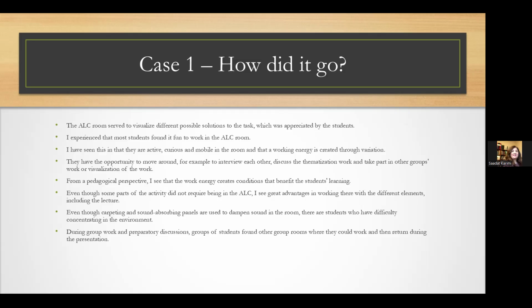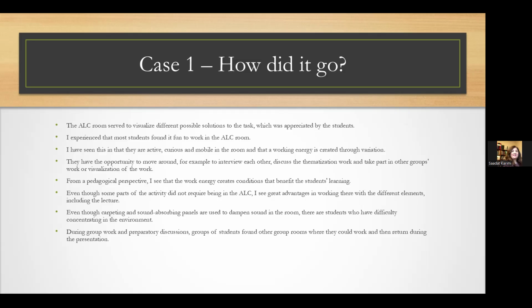Even so, some parts of the activity did not require being in the ALC. I see great advantages in working there with the different elements, including the lecture. Even so, carpeting and absorbing panels are used in the ALC room to dampen the volume.